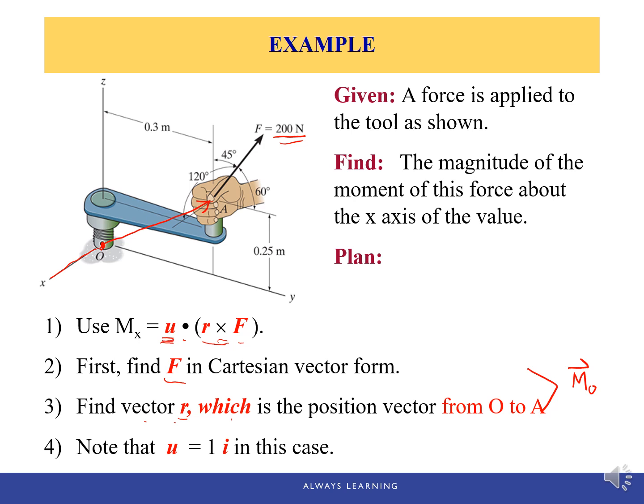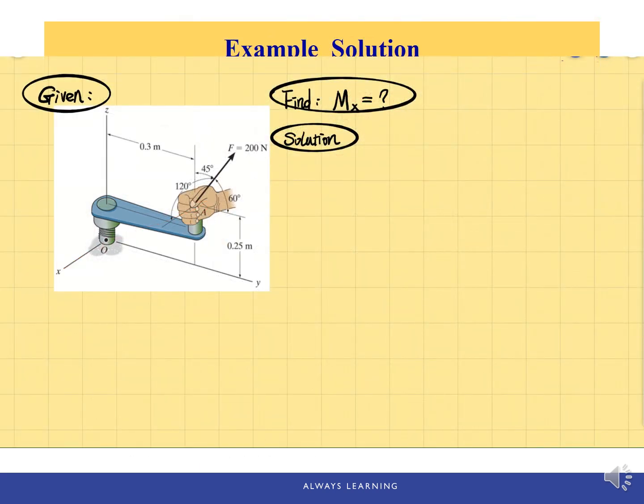The unit vector of the x-axis is I hat in this case. So I hat dot the cross product, or dot M of O, will give us the moment of this force about the x-axis. Okay, so we're given this diagram and the given information, and we're looking for the moment of the force about the x-axis.